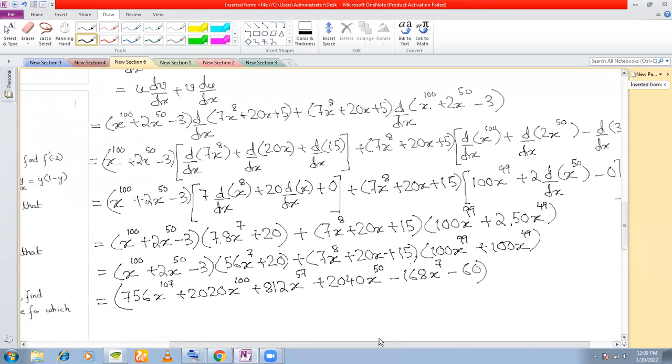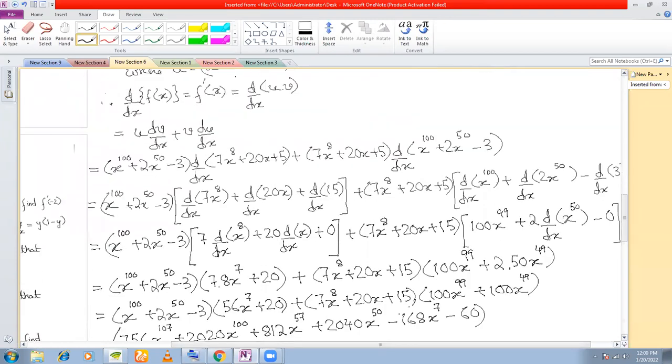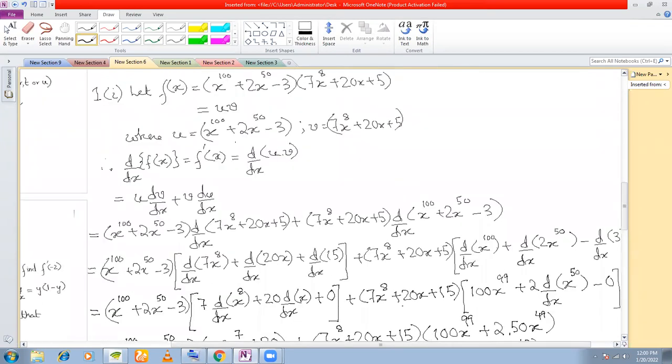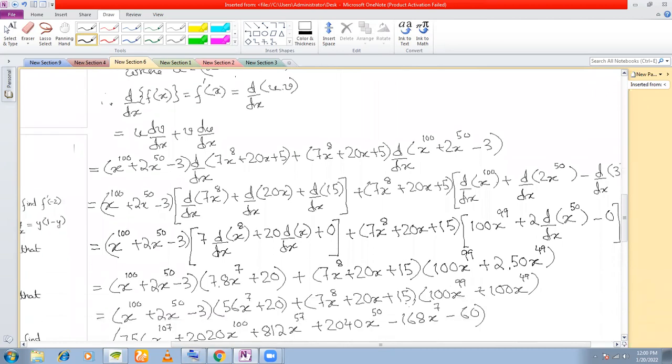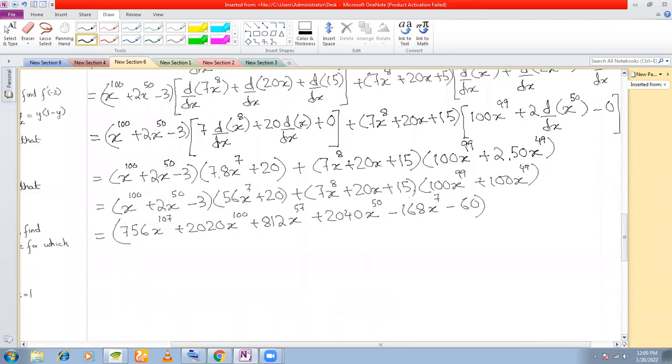No, sir. Now, this I have done by this method just to show you the u into v rule. Actually, whenever you get a product of polynomials, it is always advisable to multiply the polynomials first. This is a better way of doing it. This was just to demonstrate the u into v rule. Let's say I want to do this by an easier, better method, and remember, this applies only when the given function is a product of polynomials.